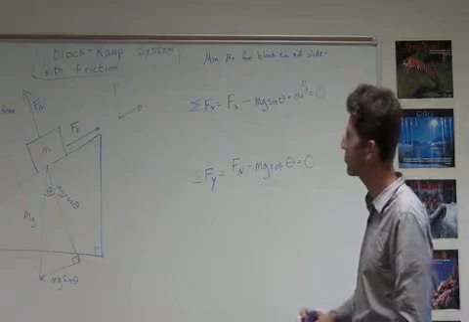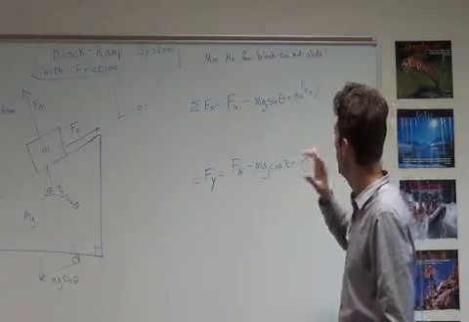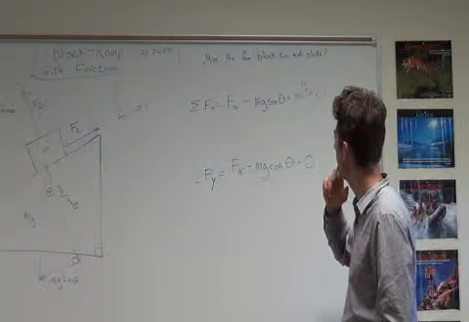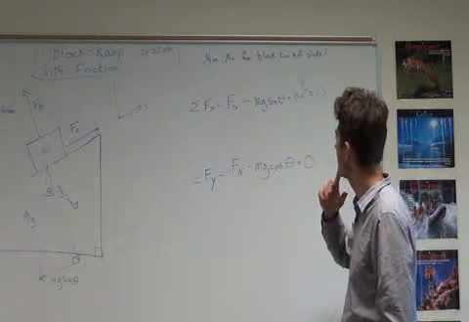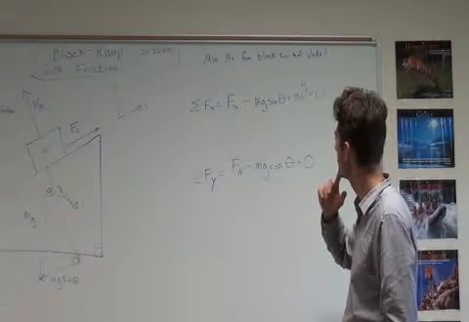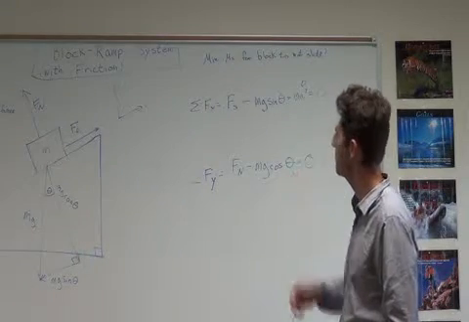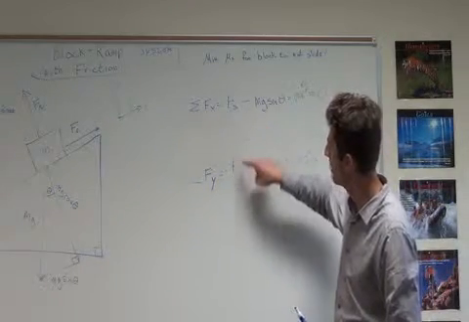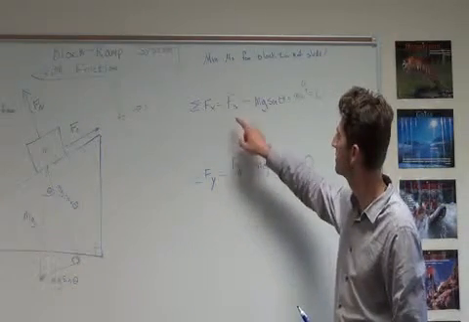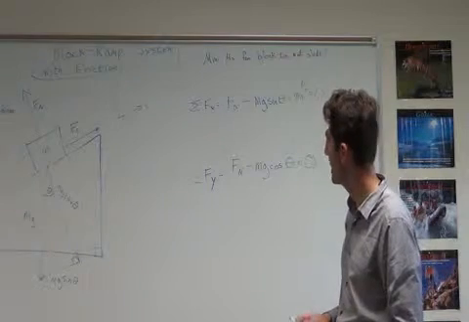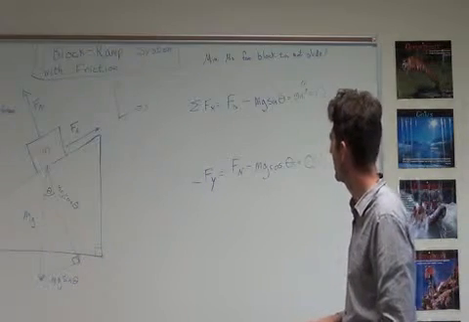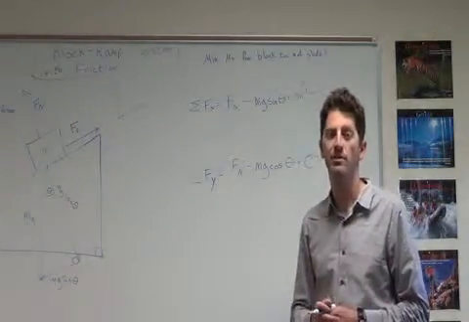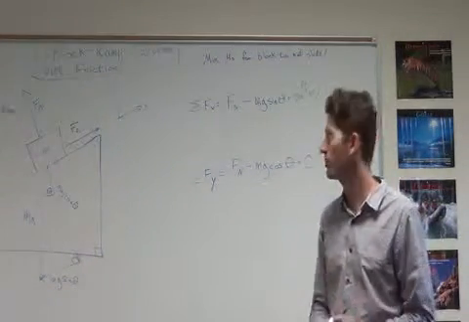Now, it looks like we have two equations, and we also have a problem now, because we have F sub n in one equation and F sub s in the other equation, and if these two really can't relate to each other, then we're going to have some difficulty.